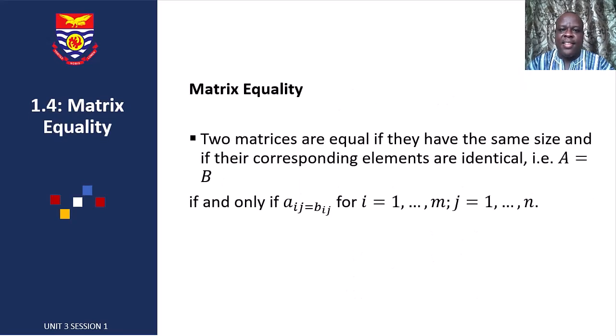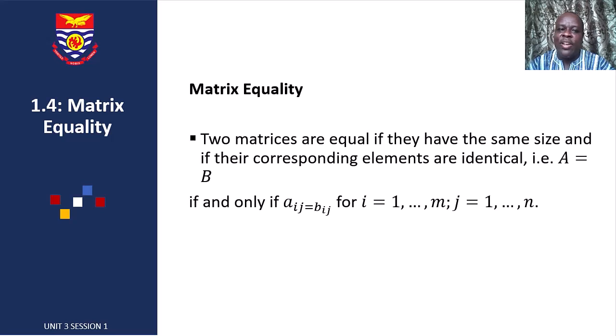The next thing to look at is what we call matrix equality. For matrix equality, 2 matrices are equal if they have the same size and if their corresponding elements are identical. So A is equal to B if and only if Aij is equal to Bij, for i equals 1 up to m, and j equals 1 up to n.